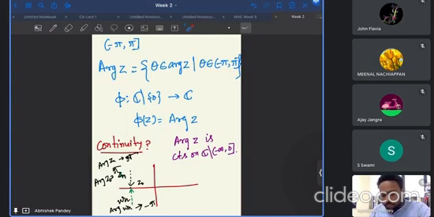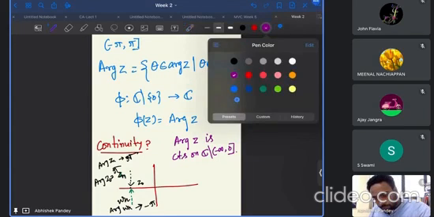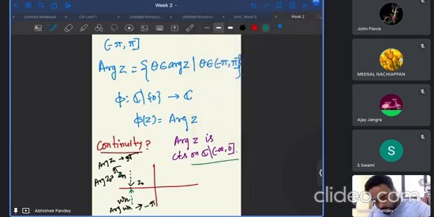Suppose I restrict theta to lie in 0 to 2 pi.